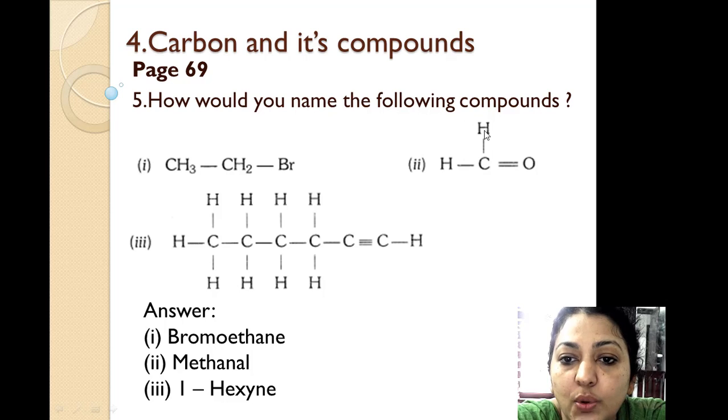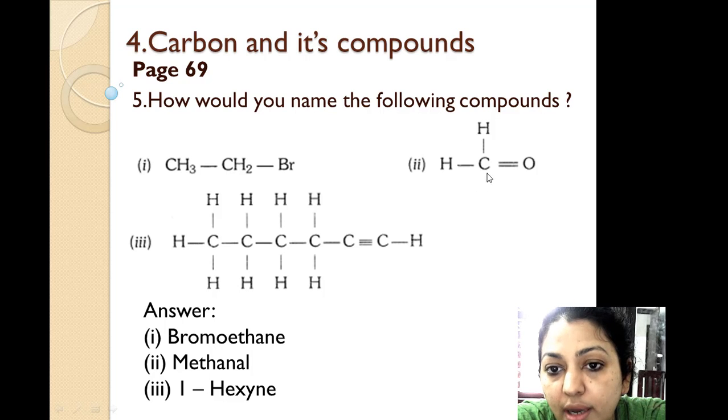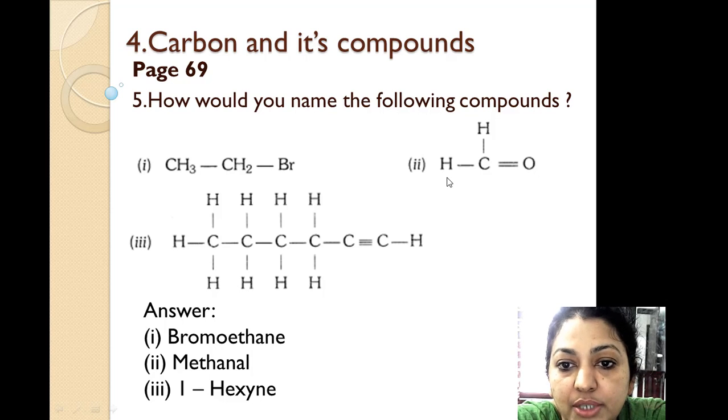It is CHO, right? So, it is al. Which al? Only one carbon. Therefore, methanal. Isn't it? The one hydrogen atom is attached here. So, what is the structure of methanal? It is HCHO. Don't forget.